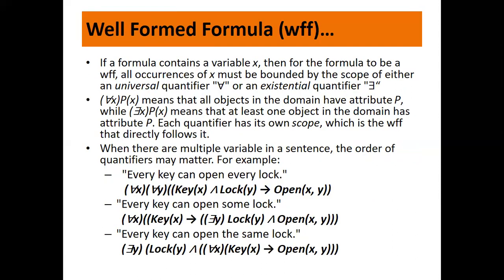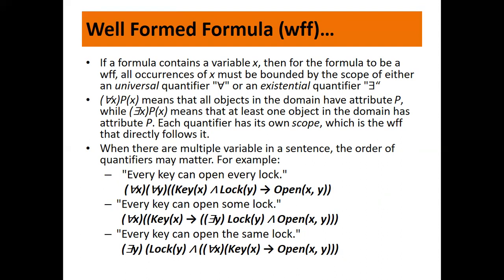Now, if a formula contains a variable x, then for the formula to be a WFF, all occurrences of x must be bounded by the scope of either a universal quantifier or an existential quantifier.